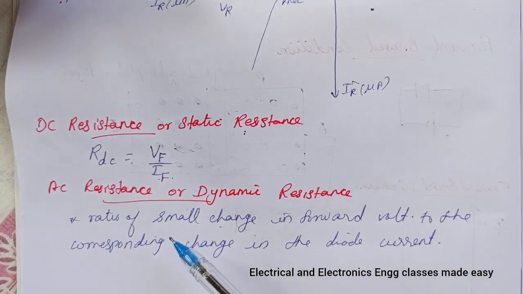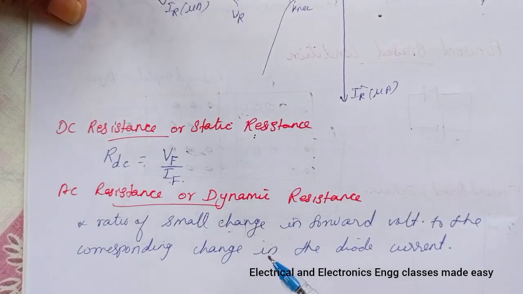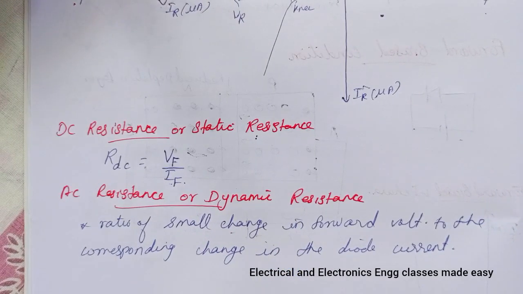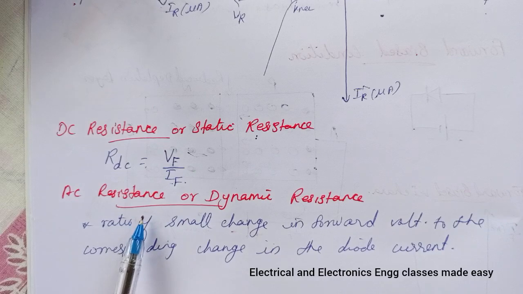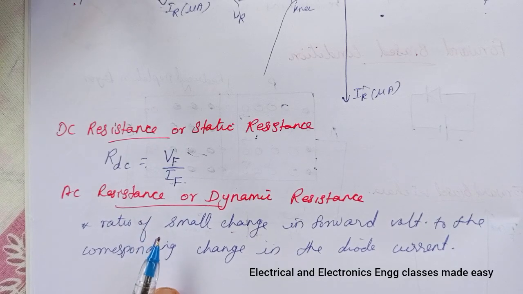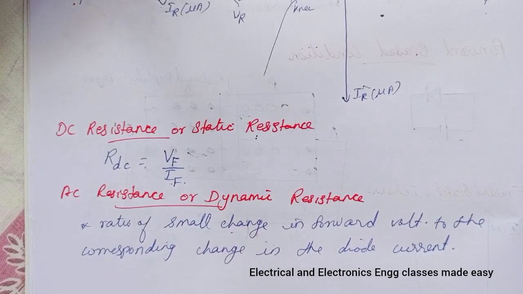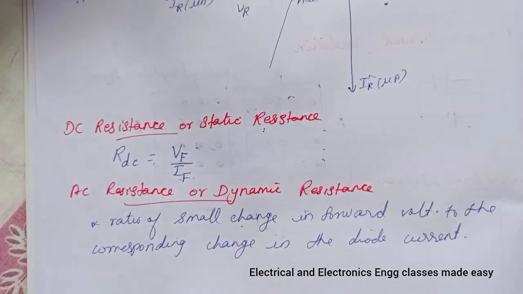Next is AC resistance or dynamic resistance. The resistance offered by the diode in the forward bias to an AC signal is called dynamic resistance, and it is equal to the reciprocal of the slope of the characteristics.